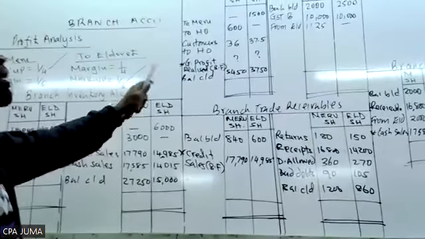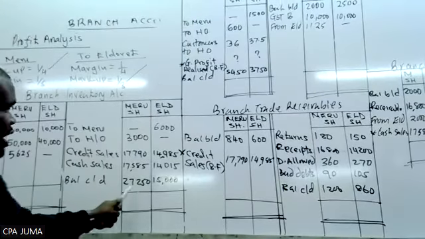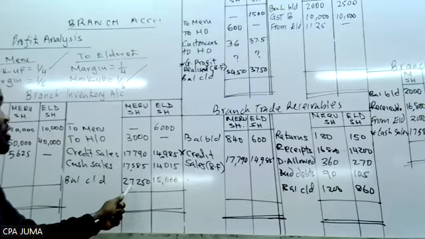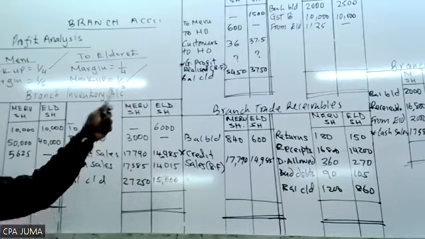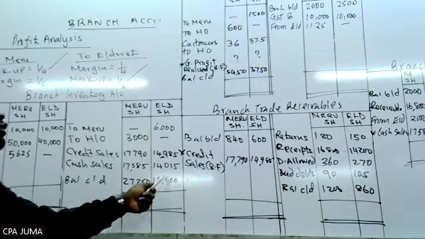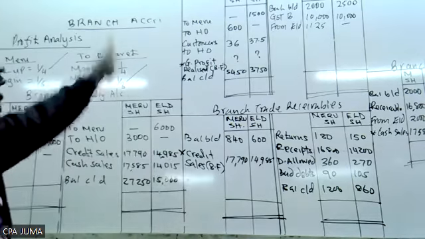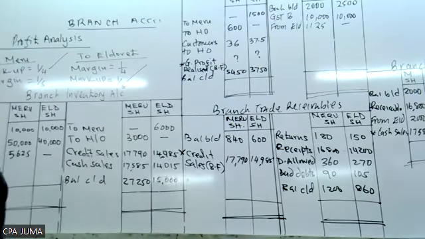The balance carried down in the markup is based on the closing stock, which is this one here. So you take margin 1/5 of this and 1/4 of this. Once you have them there, you now get what you realized, which is the balancing figure.